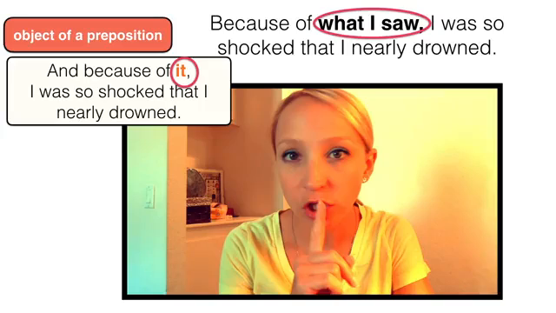Sometimes a simple noun or pronoun isn't enough to help us communicate what we want to say. Hey, that was a noun clause. That's why we use noun clauses. All right. Here's a few more examples. No one will believe me when I tell them what I saw.